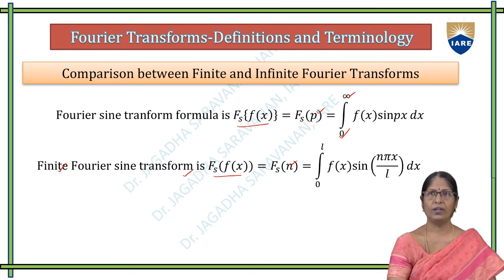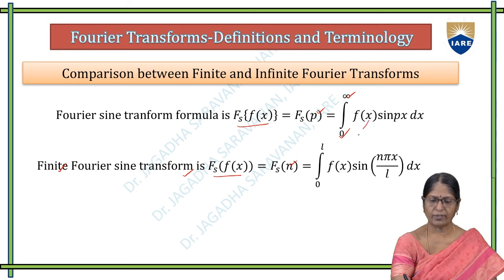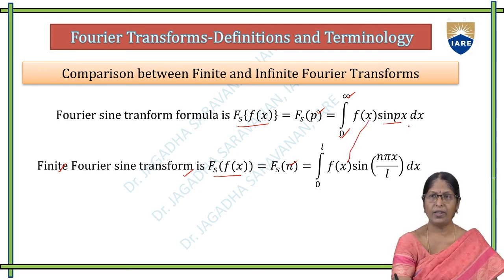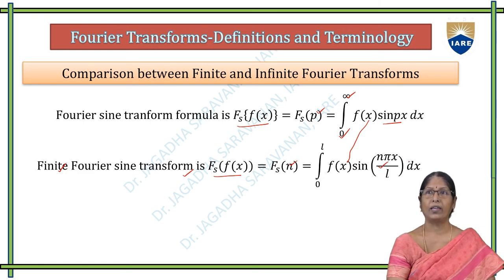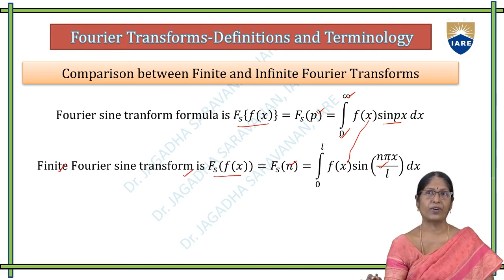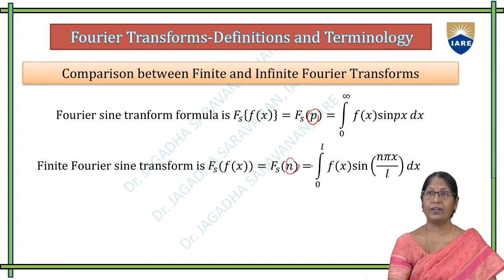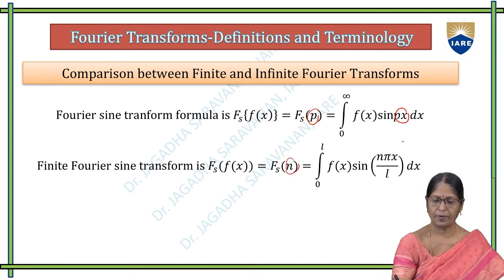P is defined for infinite, and for the finite, N is defined. f of x, sine px, but here sine n pi x by L dx. So where I am circling, there the differences are.